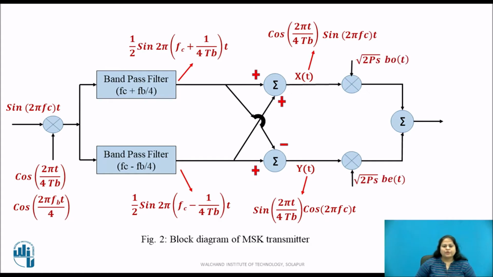These two products of quadrature sinusoid signals are now multiplied with the rectangular waveform of odd and even bit stream as shown, which on addition generates the MSK signal which is used for transmission. This is how the MSK signal is generated.